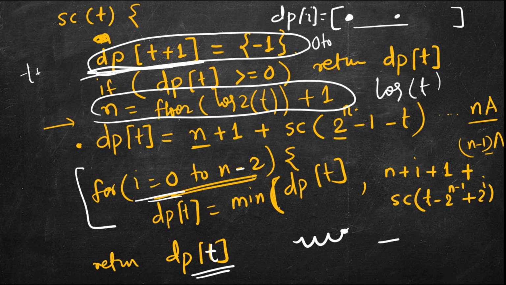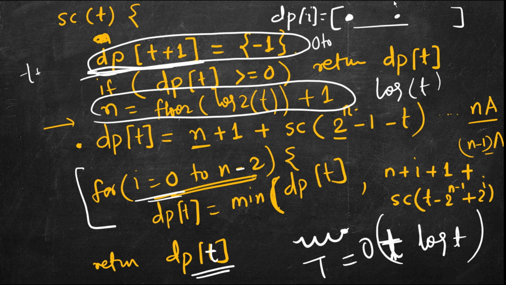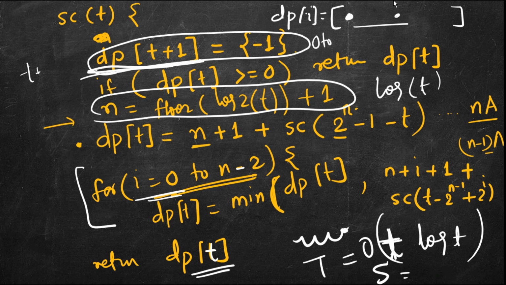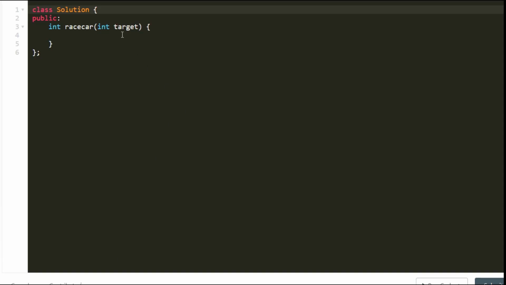So t times log of t. So this is the time complexity. And the space, we are using an array of length t plus 1, so space is of the order of t. Now let's write the code for this in Leetcode and see if it works.